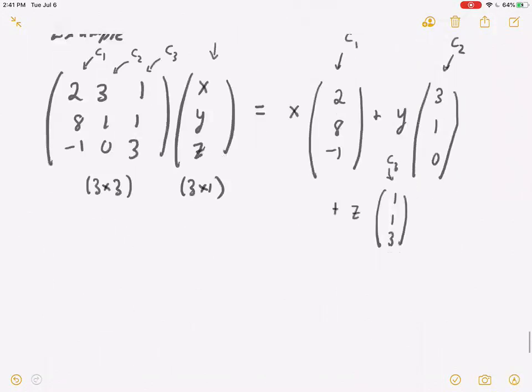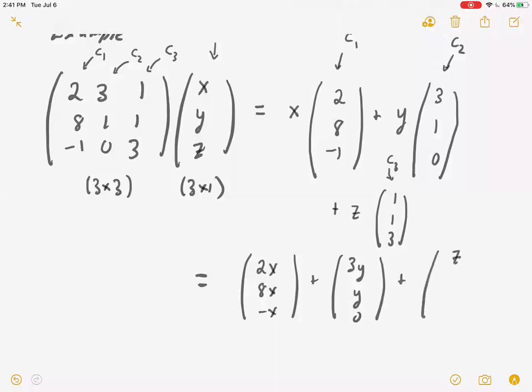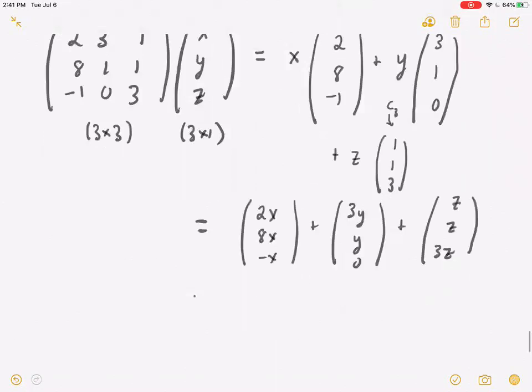You can use the rules of scalar multiplication and vector addition, and you'll get 2x, 8x, minus x, plus 3y, y, 0, plus z, z, 3z. We'll add those 3 vectors together and you get a 3x1 matrix: 2x plus 3y plus z, 8x plus y plus z, and minus x plus 0 plus 3z.